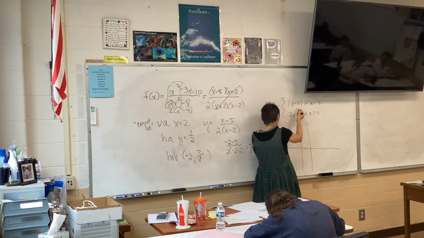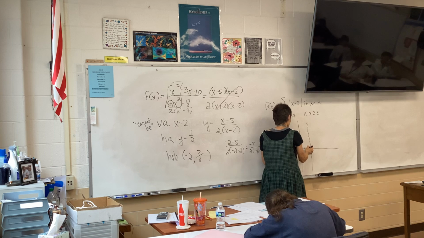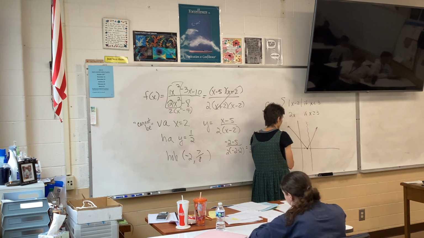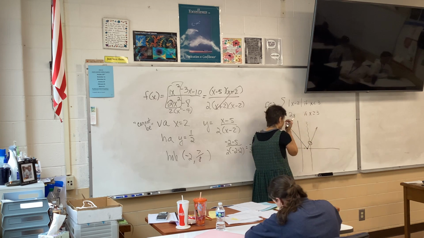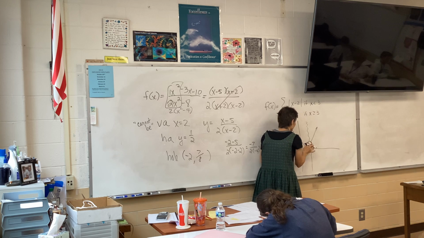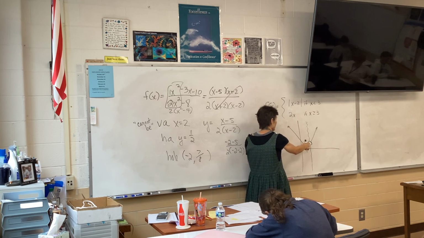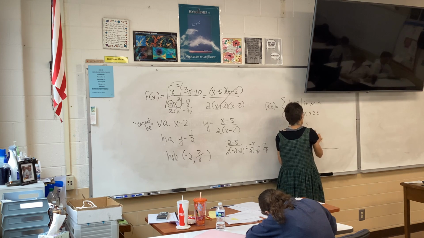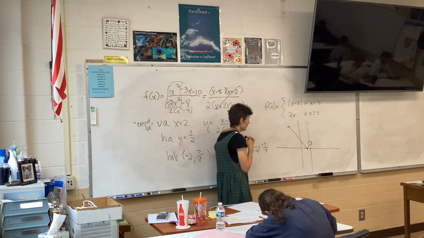Not up to, right to, it's V'ing from here. So it crosses right there, open circle, and I'm keeping this side of it. So I'll go ahead and erase that piece. That'll be better.